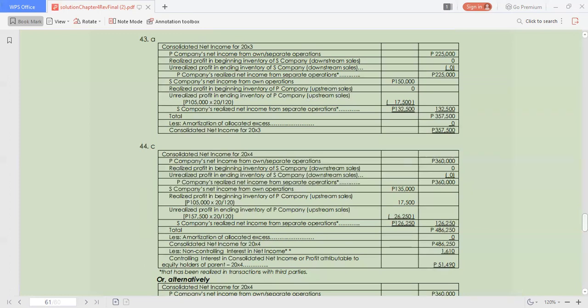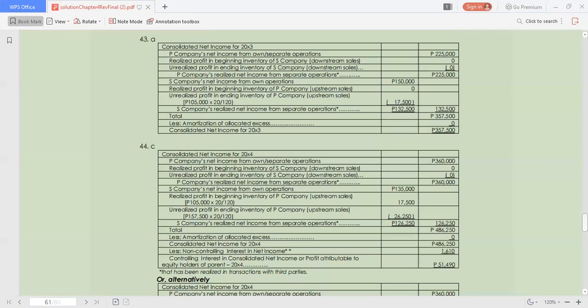Now we are adding 152,500 minus 26,250, giving us S company's realized net income from separate operations, which we are going to add to the net income of P company.